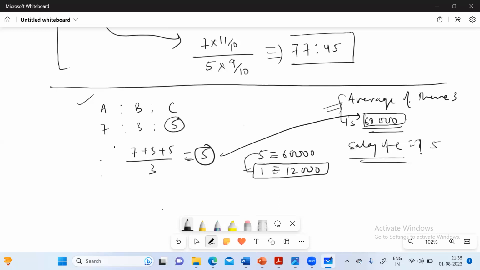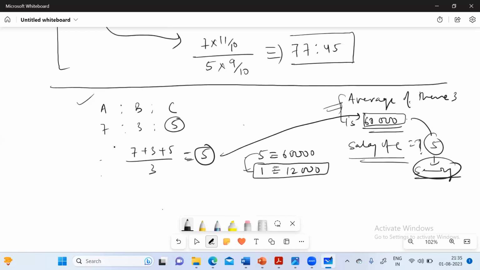So whatever the average is, it will be the salary of C because the average value is 5 only. So the salary will be 60,000 only. But my question was not this. I just gave you an example.